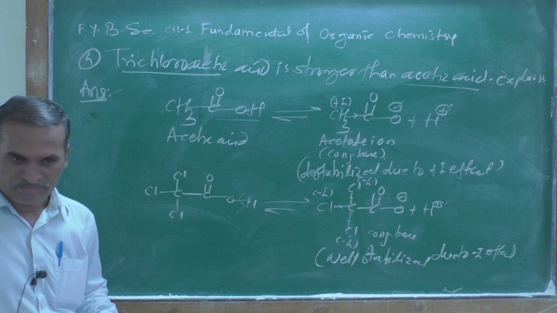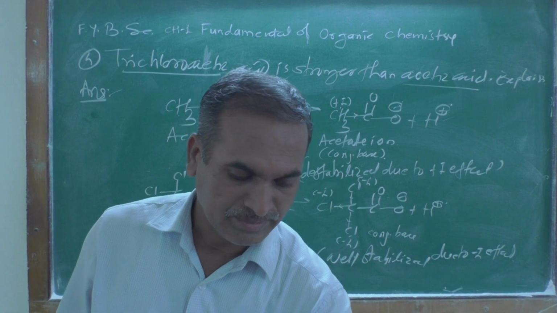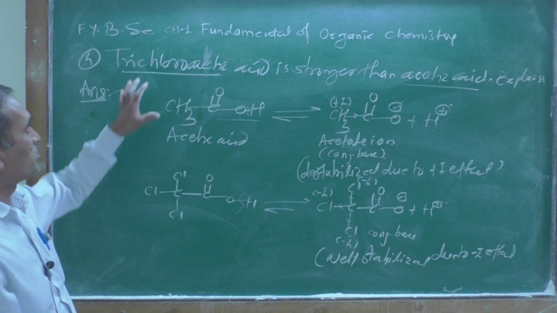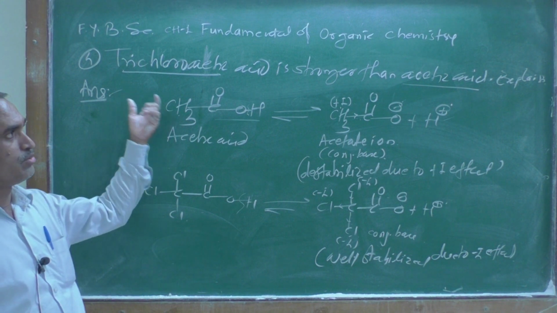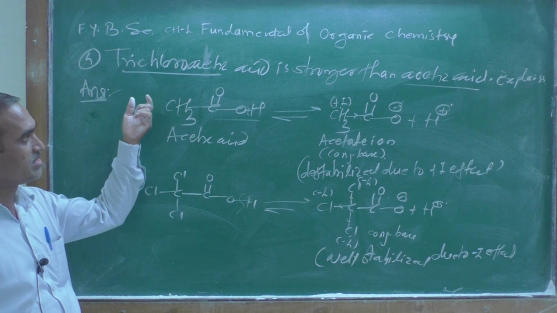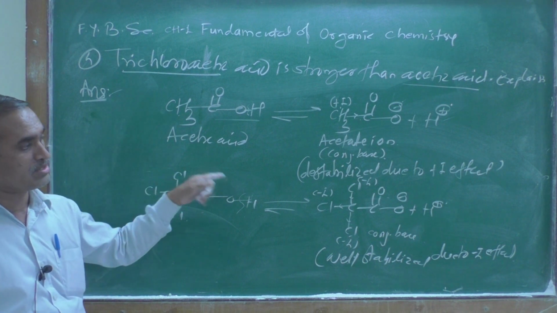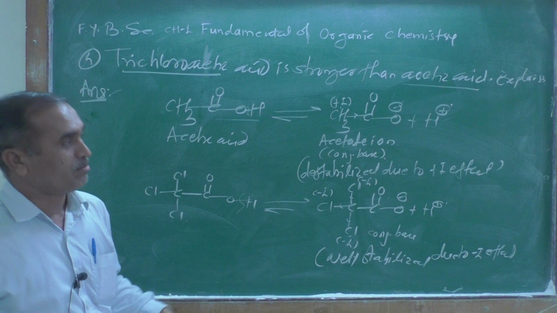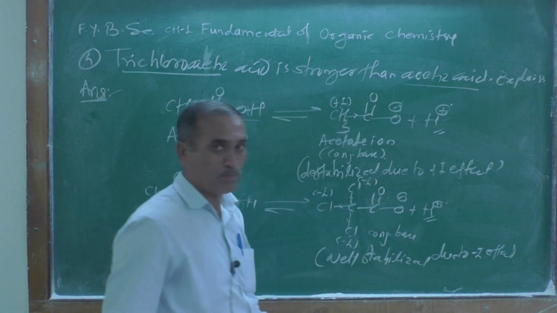So this is the simplest example, or the answer to this question. Trichloroacetic acid is stronger than acetic acid. You have to draw the structure of acetic acid as well as trichloroacetic acid and show the dissociation, because when it produces H plus, this is nothing but a proton, right?